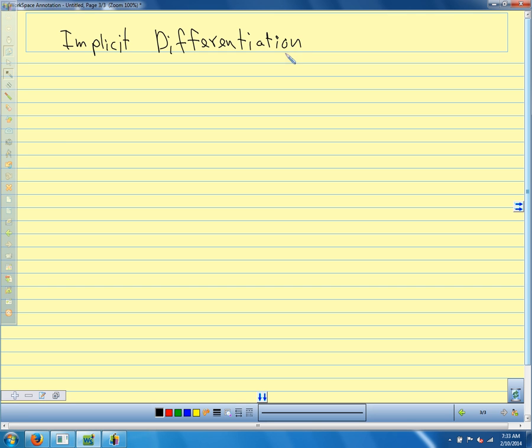So let's remember before we go on, when we're talking about implicit differentiation, what are we talking about? When would we do implicit differentiation? When would we need to do that? Do we remember?